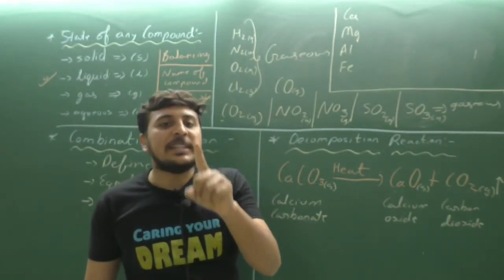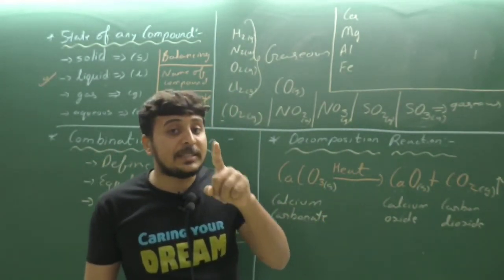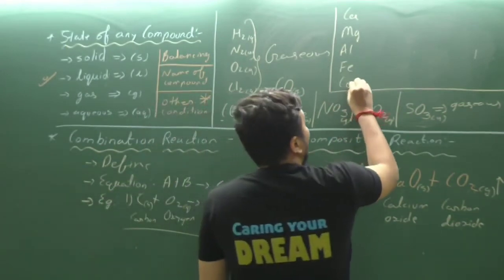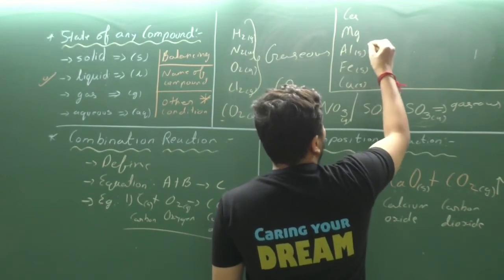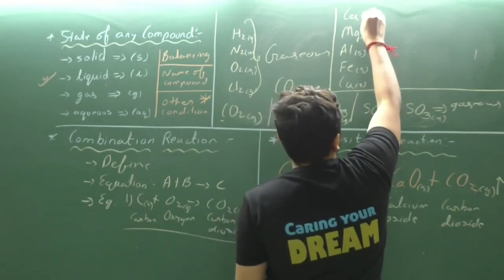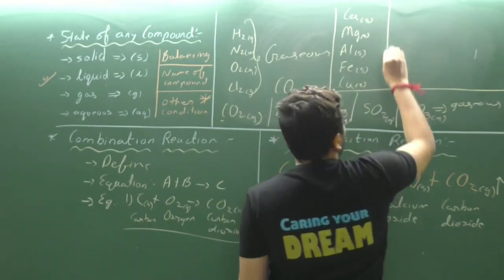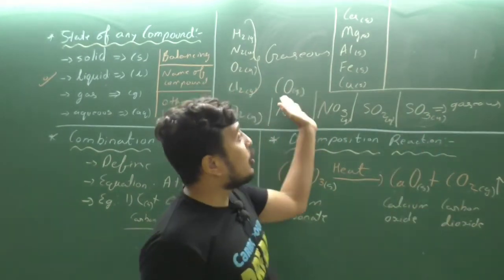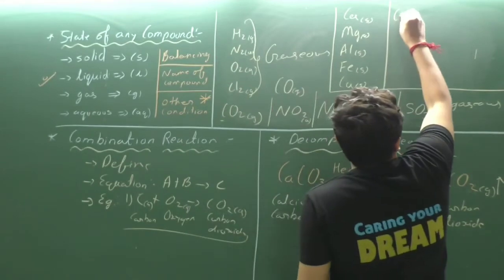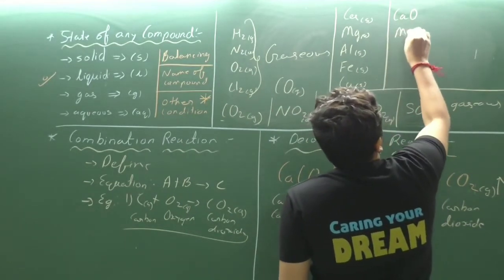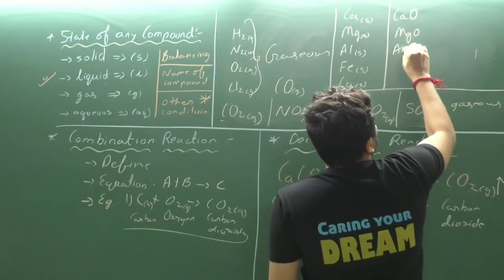So whenever we find a single metal, for example copper, it will be solid in state. Iron, aluminium, magnesium, calcium, solid in state.